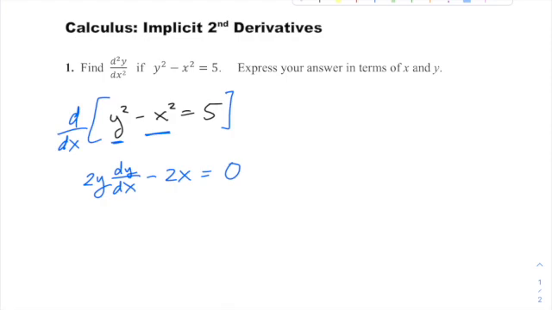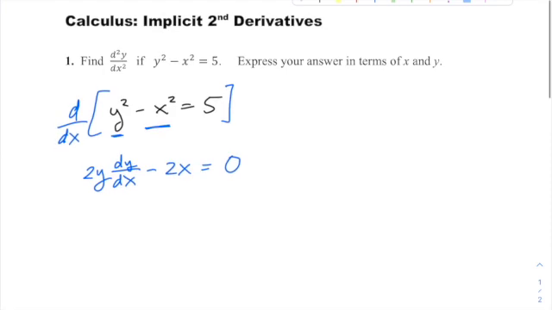Now let's solve for dy dx. I like to do this before you differentiate again to take the second derivative. I always recommend solving for dy dx. So that would be adding 2x to the other side and then dividing by 2y, right?